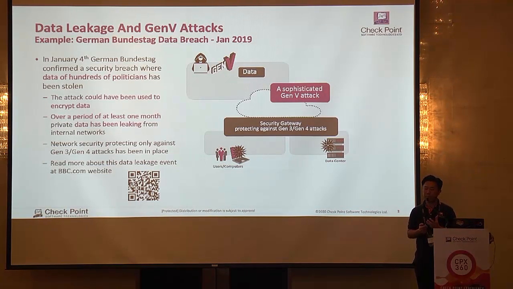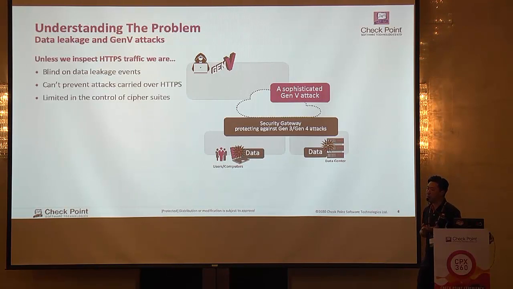With this issue, we can see that the victim didn't have enough security measures like Gen 5 security, and more importantly, the traffic they couldn't see because it was all encrypted. This is the reason why we need to enable HTTPS inspection, because if we don't enable inspection for HTTPS traffic, basically we have no way to control what can go out and what can come in.